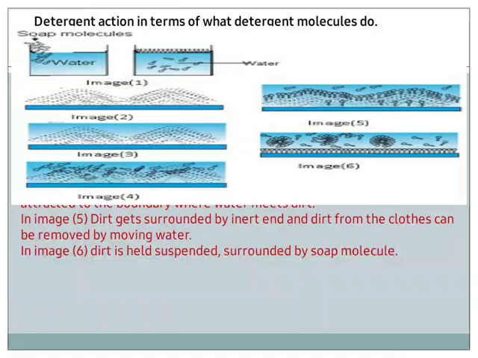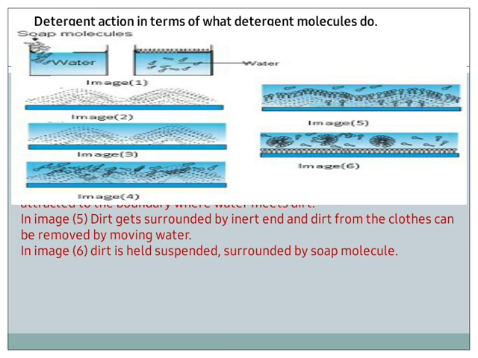Detergent action in terms of its molecules is shown in the given slide. The first figure shows the head of detergent or soap molecules attracted to water. The second figure shows the greasy dirt. The third figure shows water is added but dirt does not get removed.